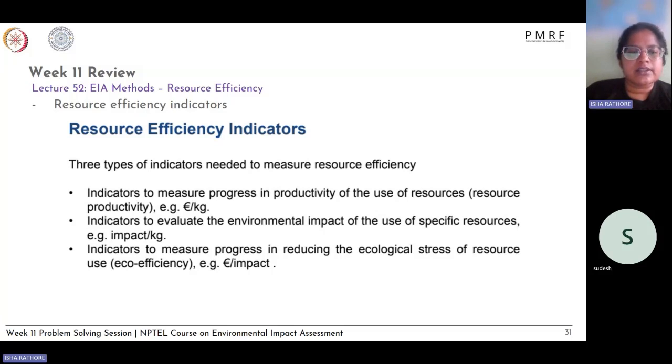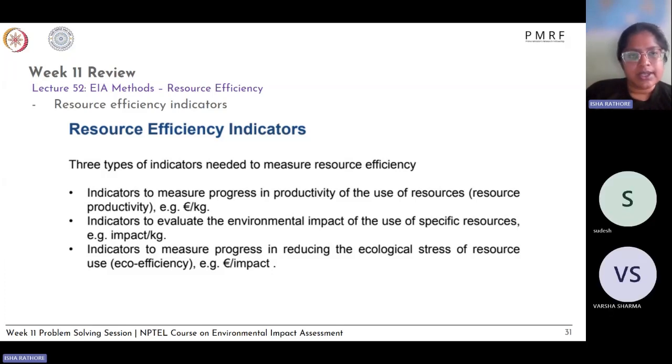And the third indicator measures progress in reducing the ecological stress of resources, or the eco-efficiency, so the cost associated benefit per impact, that is this much reduction in climate change and things like that. So these three types of indicators can be used for measuring resource efficiency.